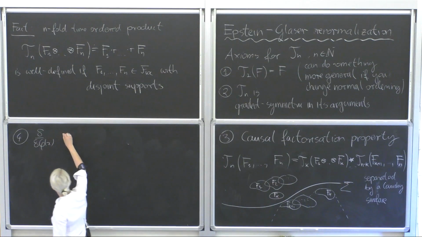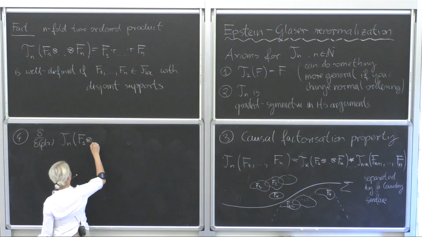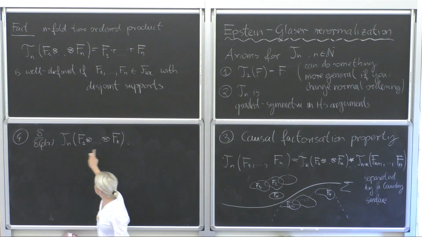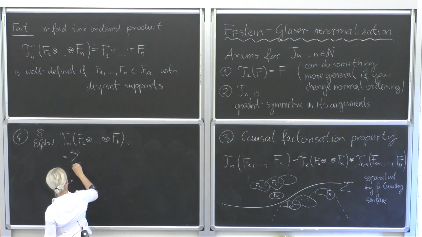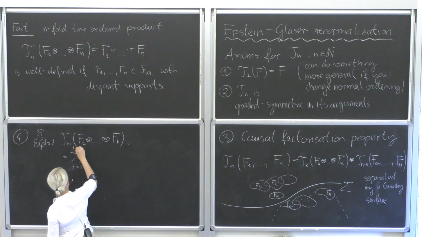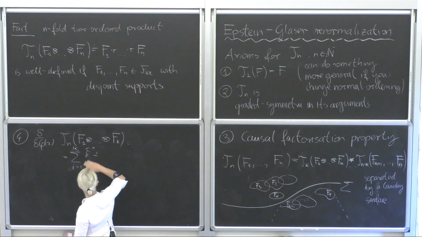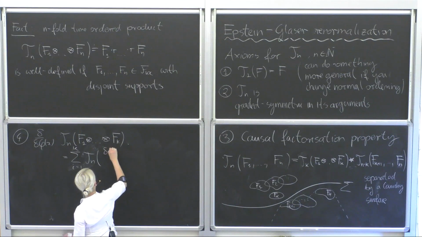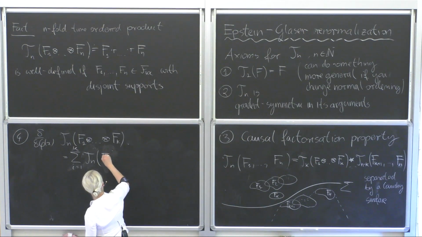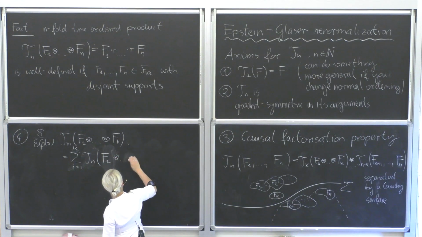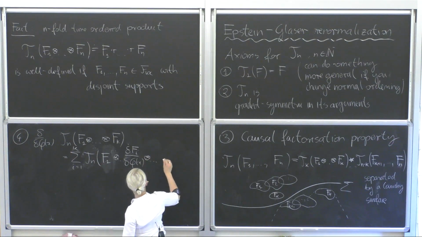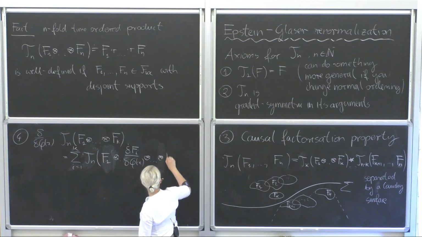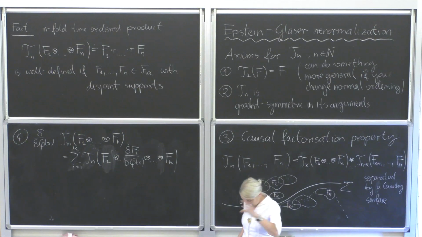So if I take a functional derivative of T_n of f_1 to f_k, I want this to just act on these functionals, as a sum over i from 1 to k of T_n with d f_i over d phi of x in the i-th slot. So that's kind of commuting with the differentiation.